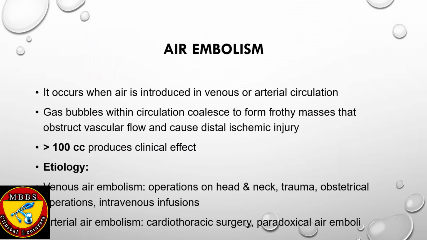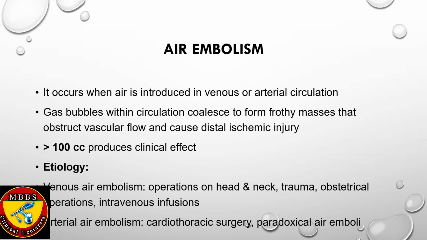Then coming to air embolism, it occurs when air is introduced into venous or arterial circulation. It is very important to remember that more than 100 cc of air in the circulation is needed to produce a clinical effect.